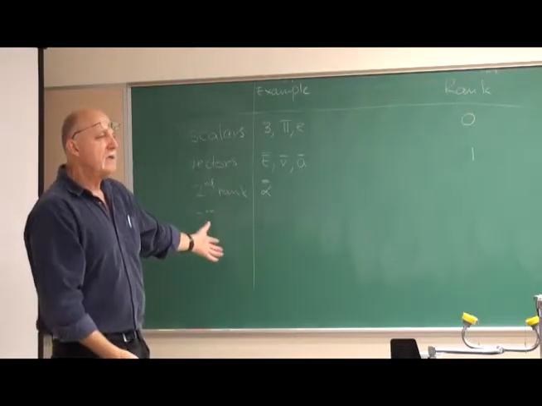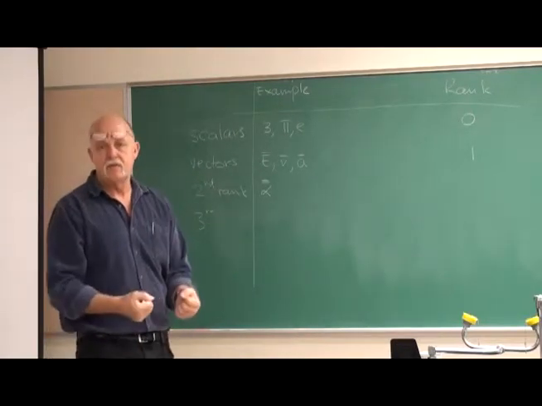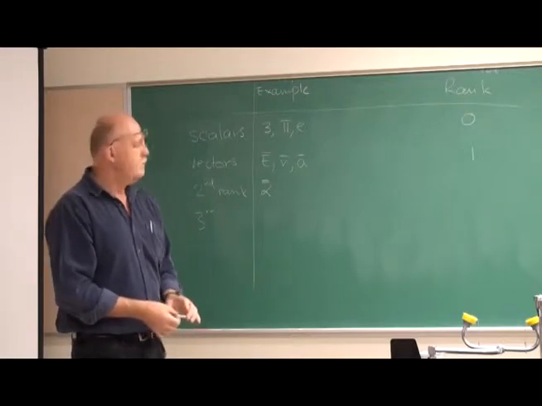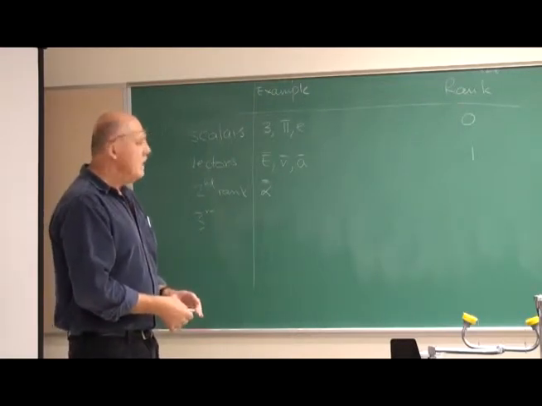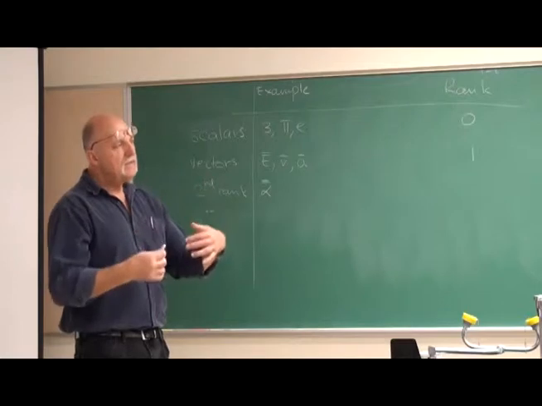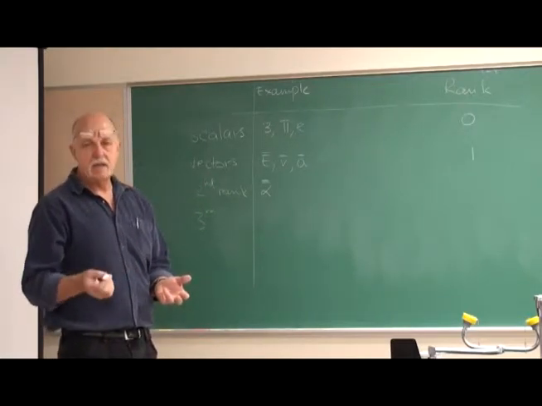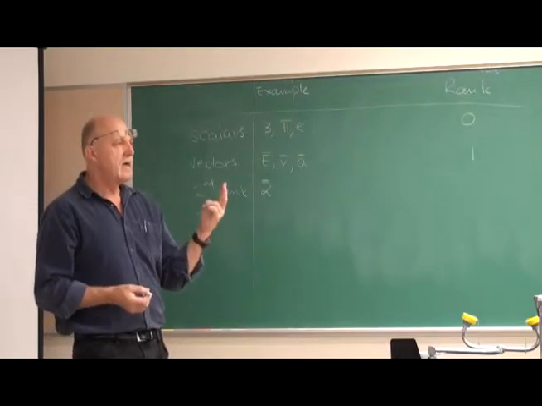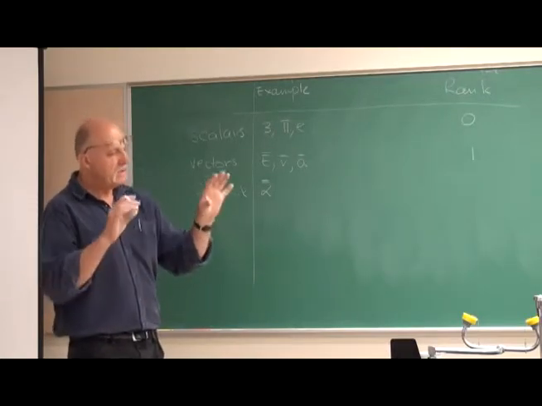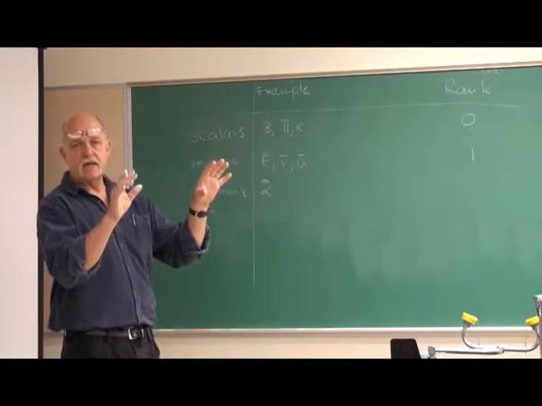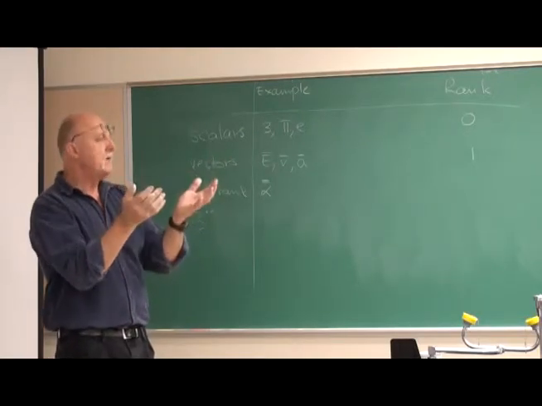And then you have 4th rank tensors. In elasticity, you have a 4th rank tensor. In elastic materials, you have stress and strain. Those are both second rank tensors. And if you want some relation between stress and strain, you need a 4th rank tensor.